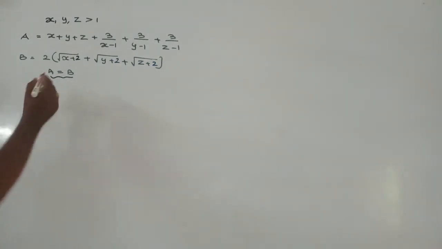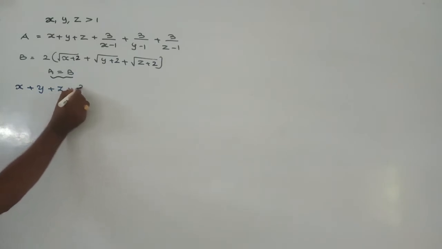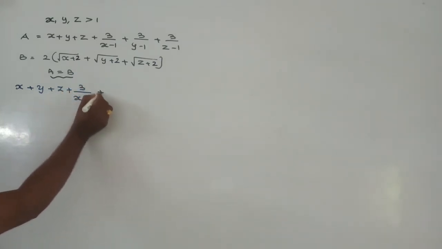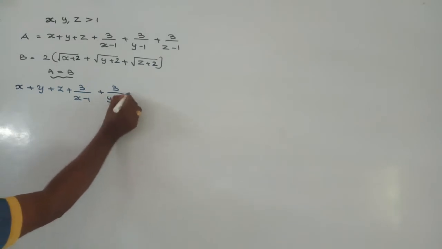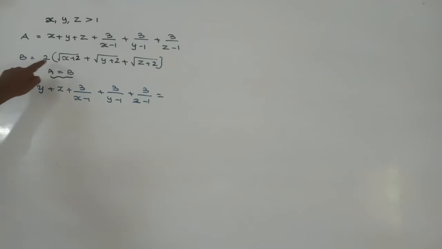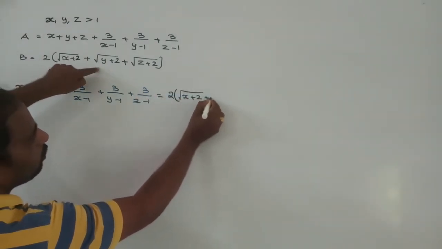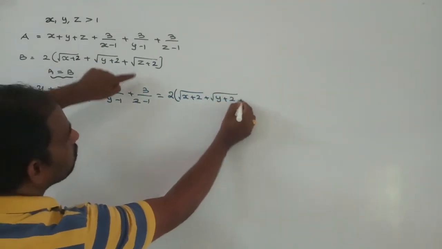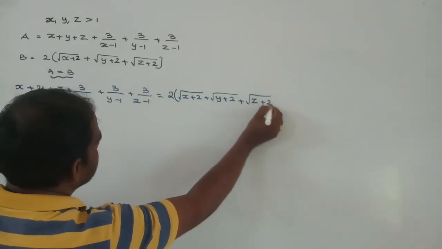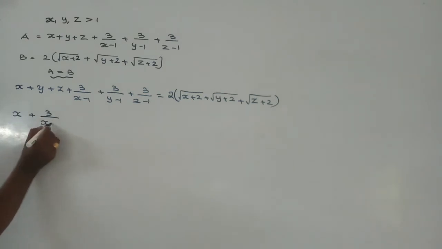Let us go. A is equal to b, given. What is a? x plus y plus z plus 3 by x minus 1 plus 3 by y minus 1 plus 3 by z minus 1 is equal to b, already mentioned, 2 into root x plus 2 plus root y plus 2 plus root z plus 2. Now write down all the x terms side by side.